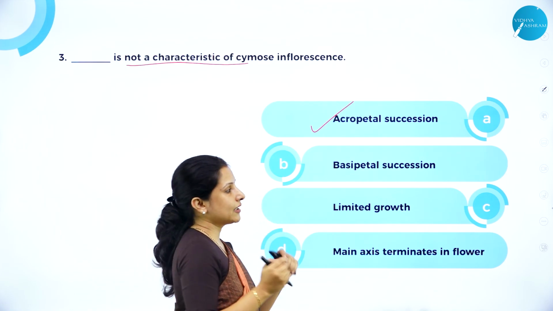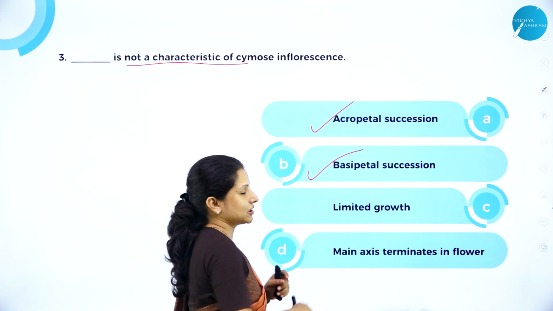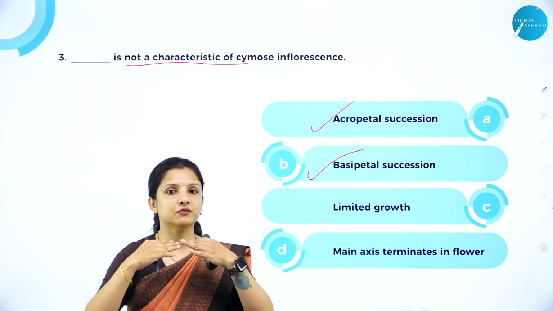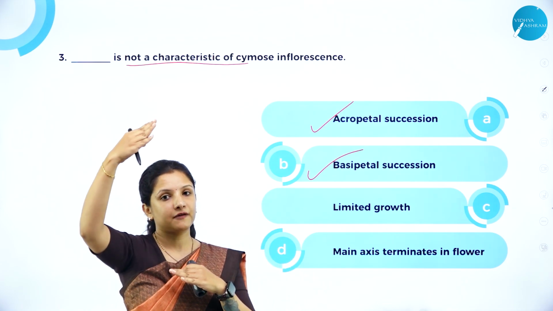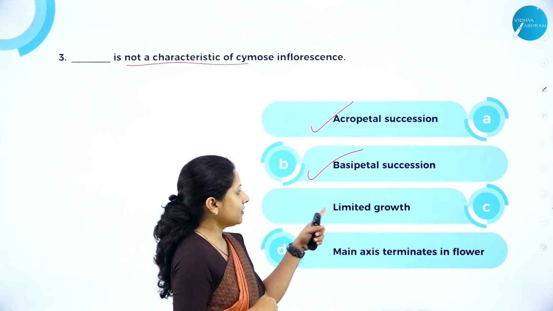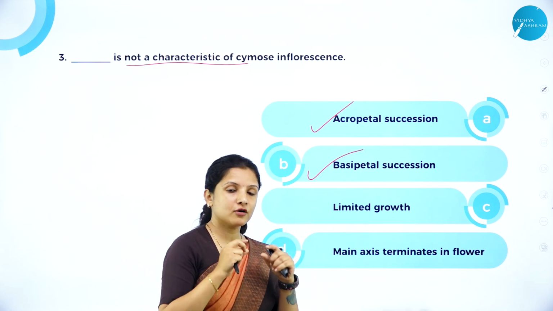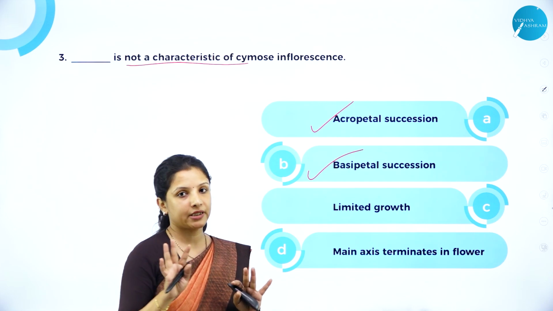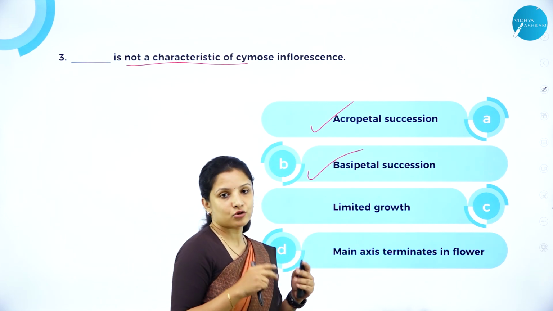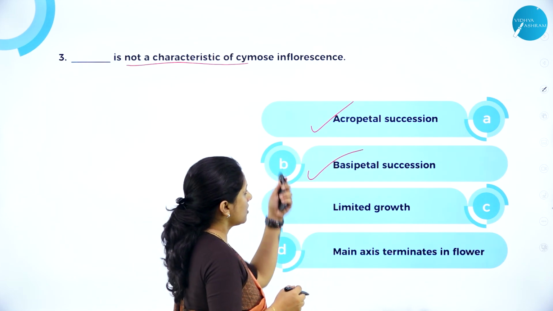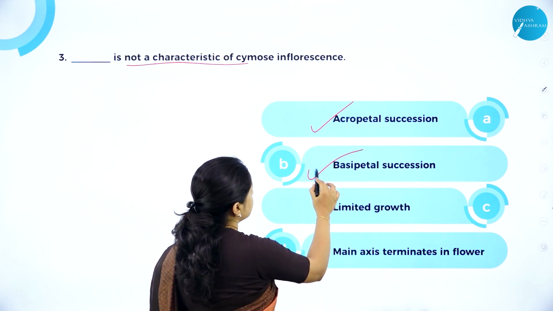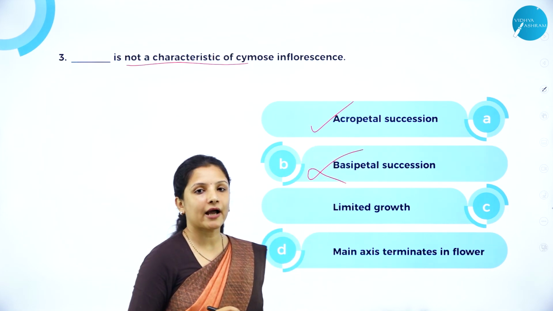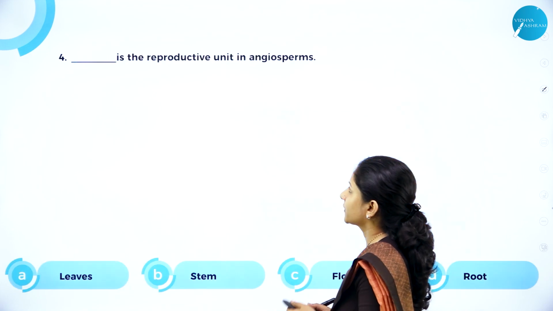These cymose ones exhibit basipetal succession, wherein the younger flowers will be at the bottom and the older flowers will be at the top. And they show limited growth because all the floral axes will terminate in a flower, and the main axis also terminates in a flower. So here the right answer is option A, that is acropetal succession.